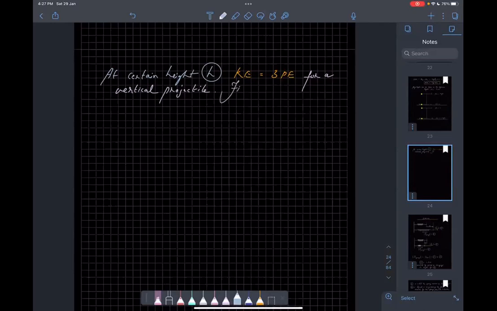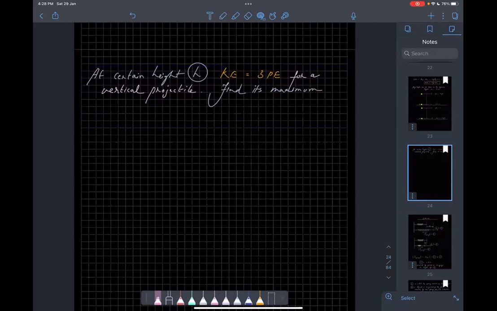Do this problem. How to do this problem? Tell me.